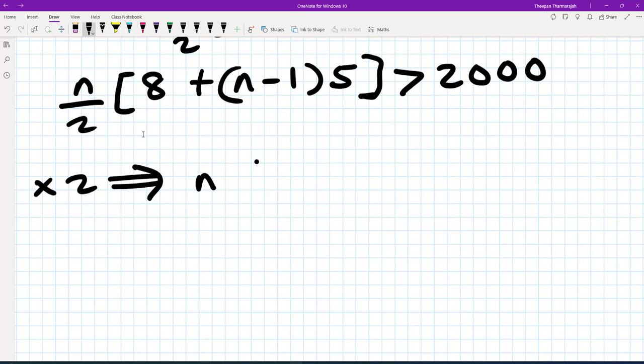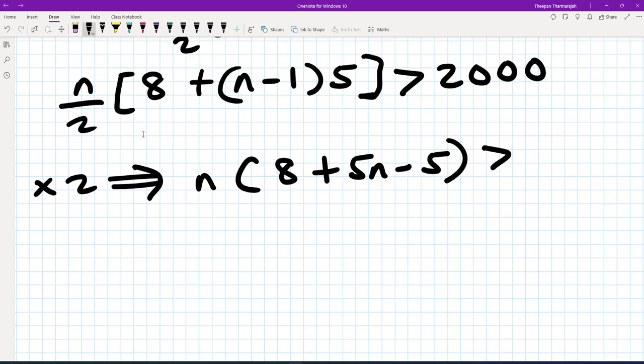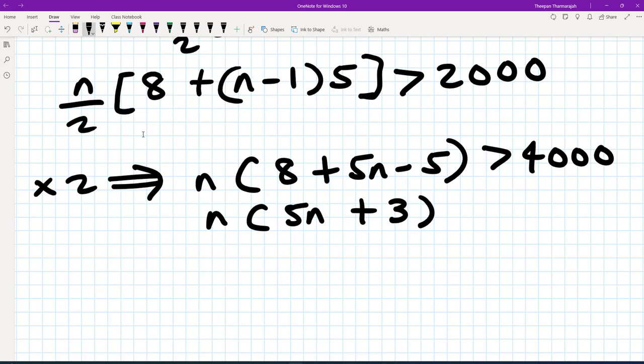So I get n times 8, expanding the brackets here, I get 5n minus 5, is greater than 4000, because I'm timesing everything by 2. And now that's going to give me n times 5n plus 3 is strictly greater than 4000.